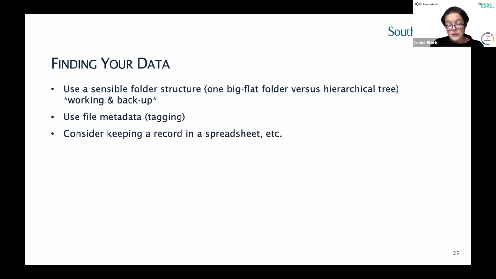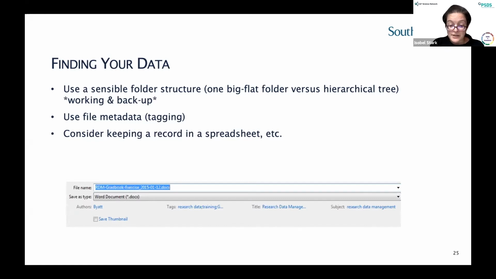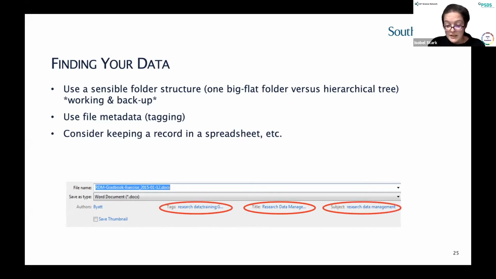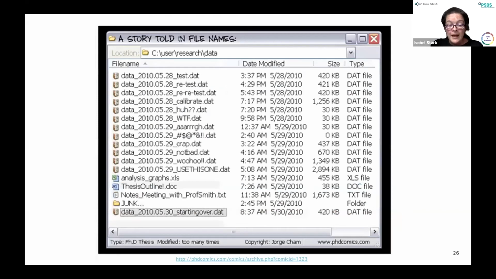If you're using systems that allow you to tag metadata within your files, so for example, all Windows software will allow you to add titles, to add subject information, to say who the author is, then do that. If need be, you may need to keep a record of what files are where in a spreadsheet, which I'll get onto and show you an example of that in a minute.